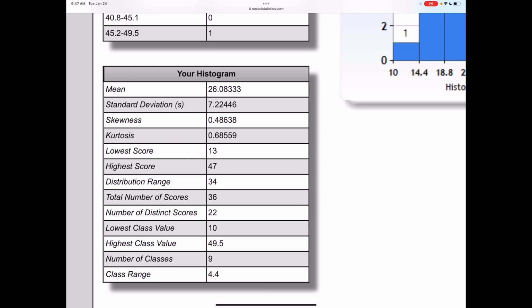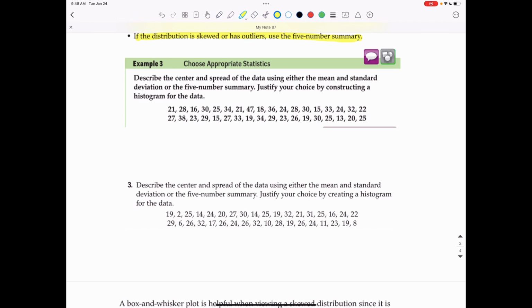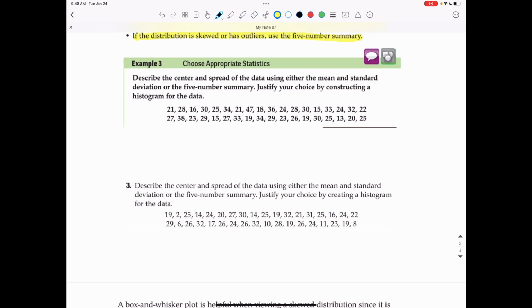We can go ahead and call that 26.1 if we want to round it. Standard deviation is approximately 7.2. So to answer this question, and we've already seen the histogram, we would say that the mean was about 26.1, and the standard deviation, and I'll use the small letter sigma to represent that, is about 7.2.